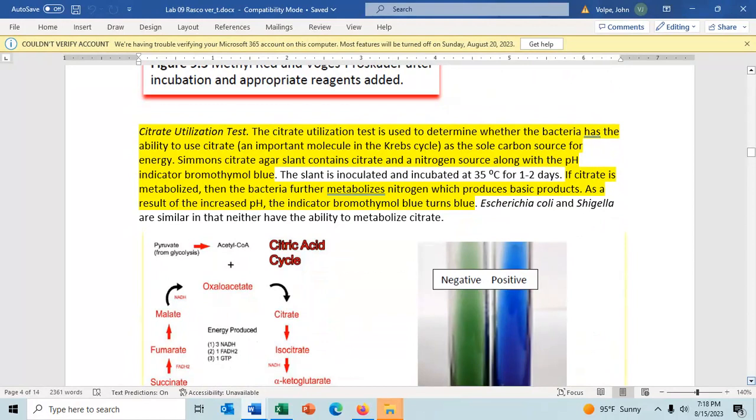Let's move on to the last of the IMVIC tests, the citrate utilization test. Citrate is the only carbon source in this tube. If the bacteria can metabolize citrate, the bacteria will then grow in the tube and produce basic products.